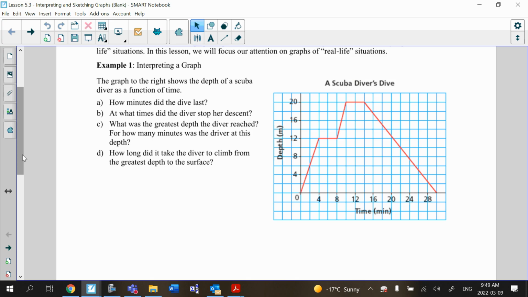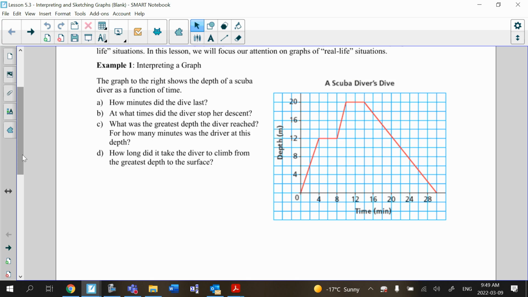And you can see this is what's happening. Here's the start of the dive because time is 0. Here's the end of the dive. And this is all showing the depths that she is reaching at certain points in the dive.